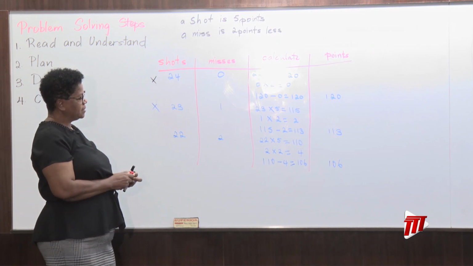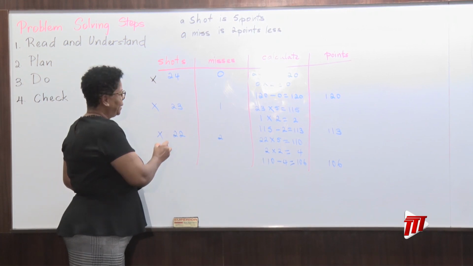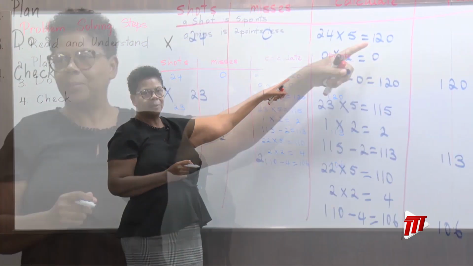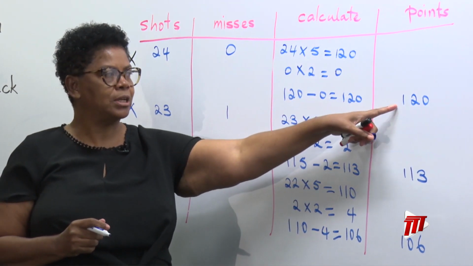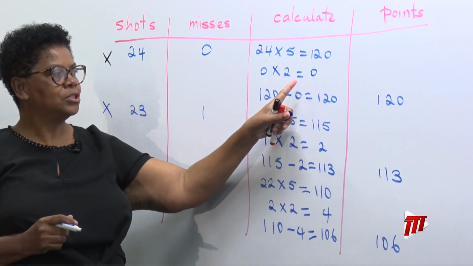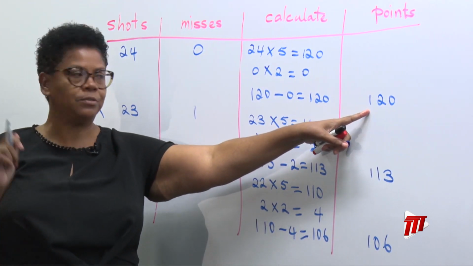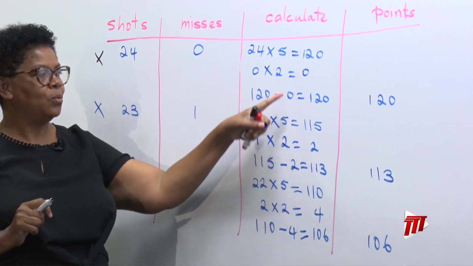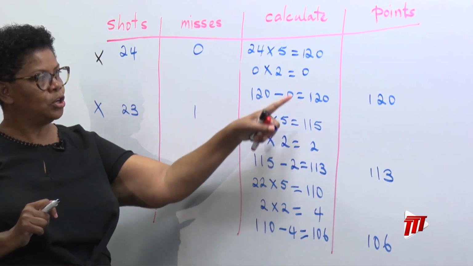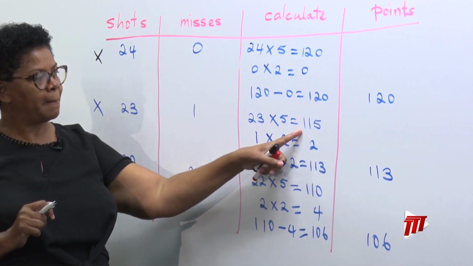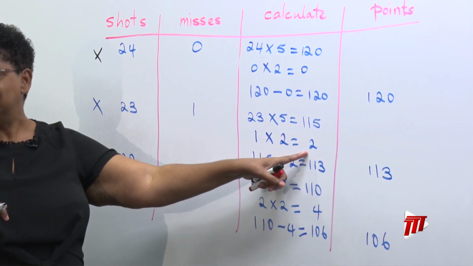But looking at it, we recognize that we have patterns. Because at 24, she was 120 points. She lost none, so she gets full points. She would have gotten full points if she had scored 24. And then when one shot was missed, she lost 5 points, and she lost another 2 points. So that would have been 7 points.